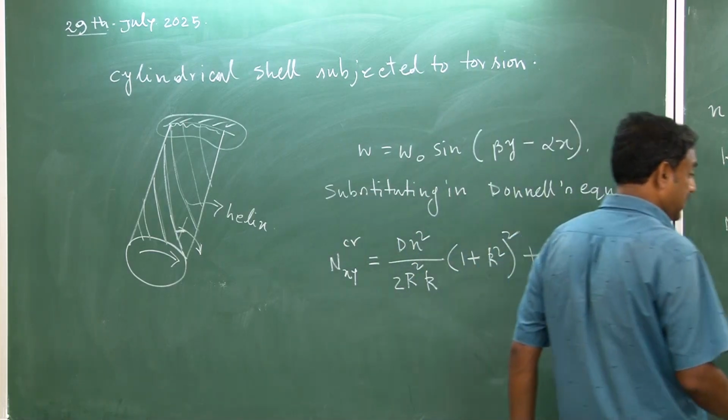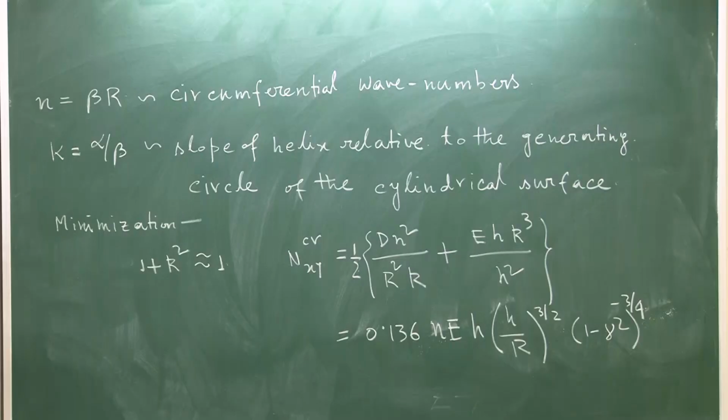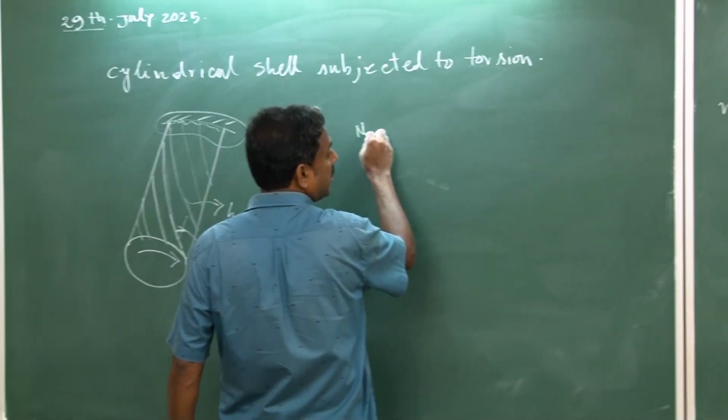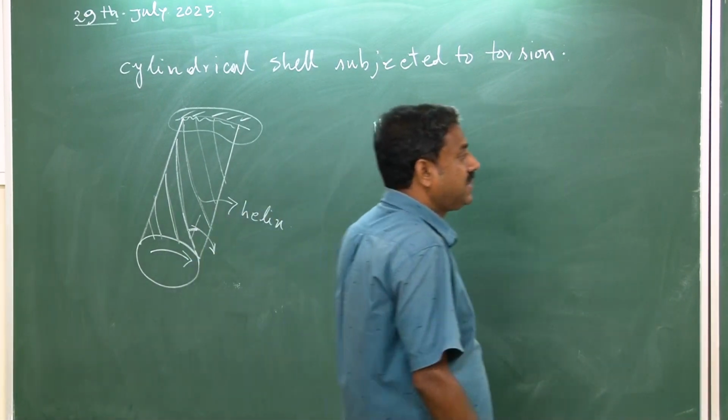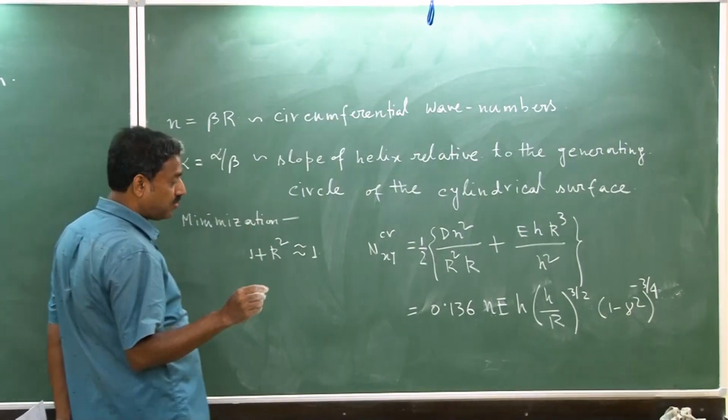So, let me write it down. k is basically the slope of the helix, which is very small actually.